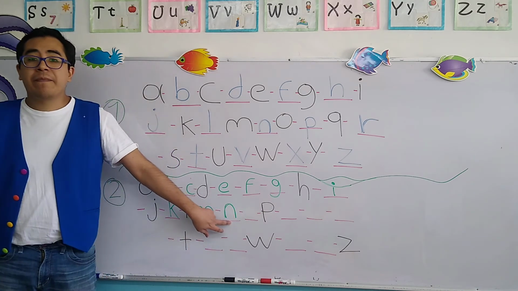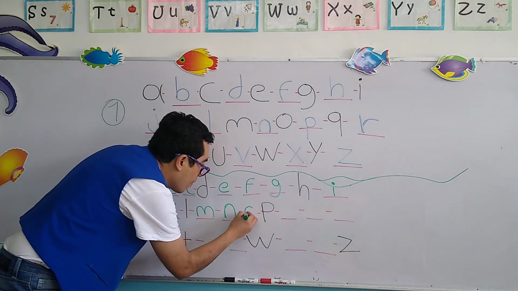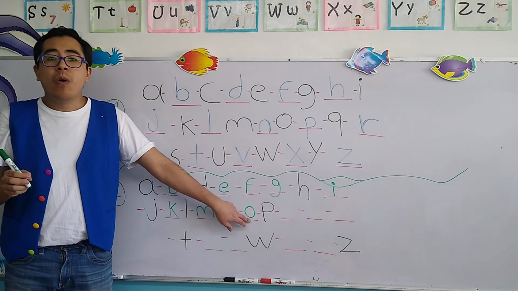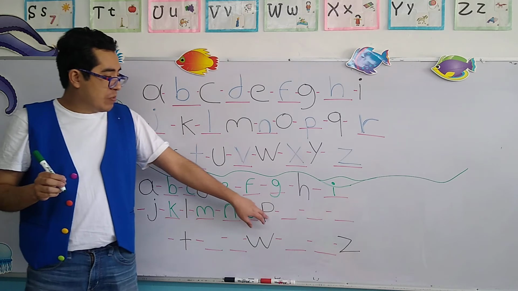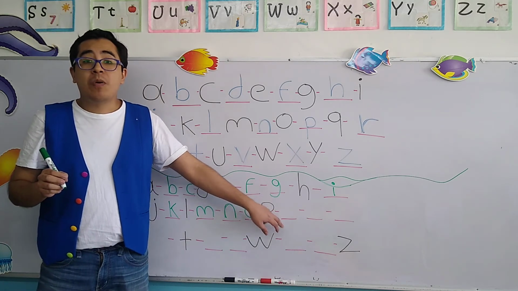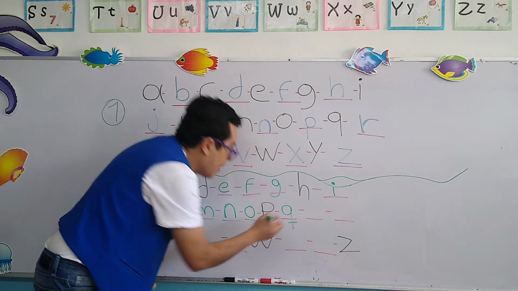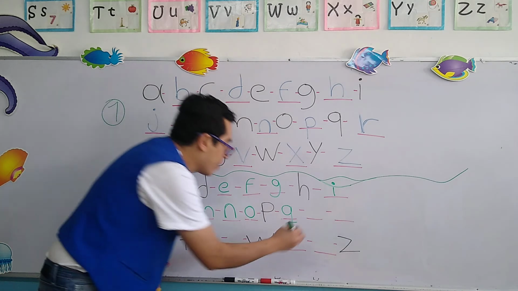After small n, small o. Okay, very good. After small o, small p of penguin. After small p, small q of quail. After small q, small r.